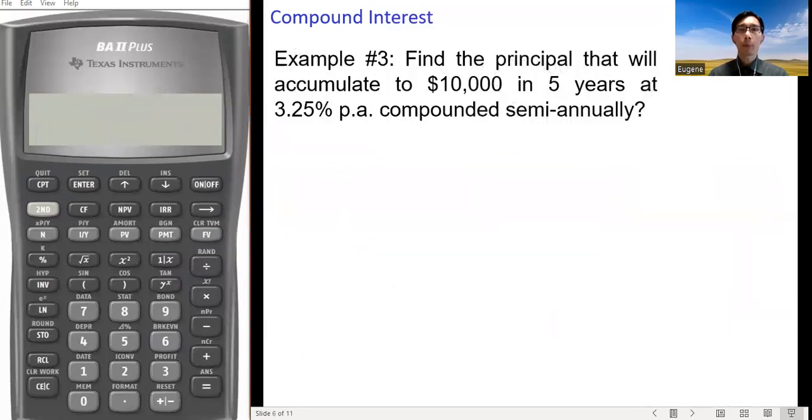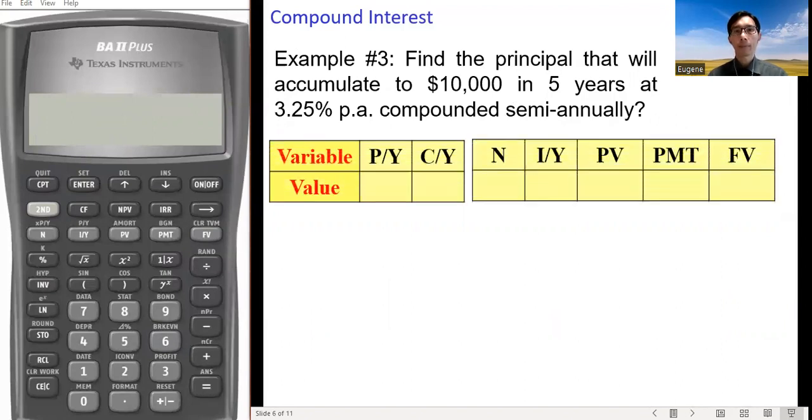The next example. Find the principal that will accumulate to $10,000 in 5 years at 3.25% compounded semi-annually. The frequencies PY and CY equal 2, since the interest rate is compounded semi-annually.